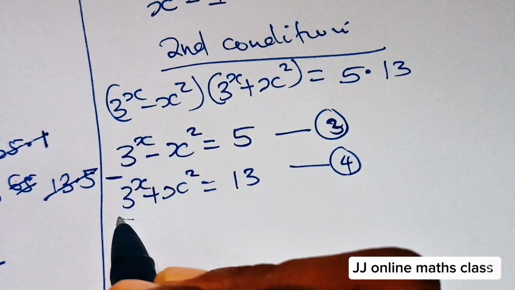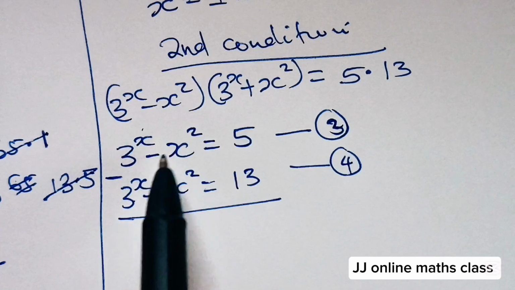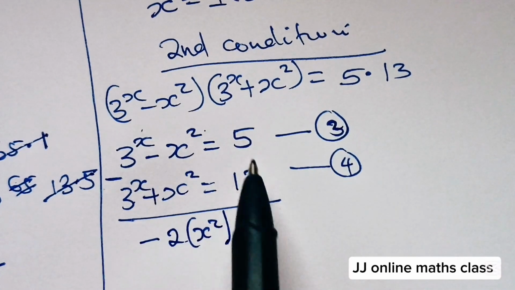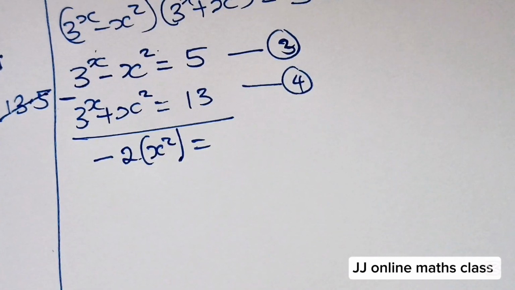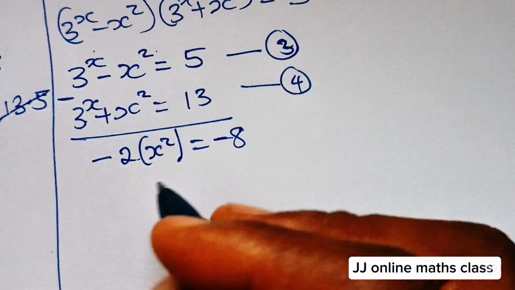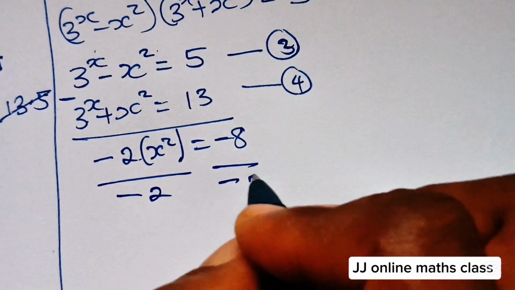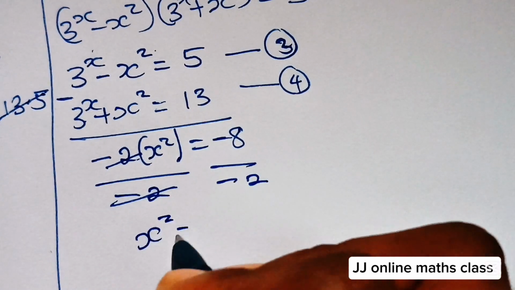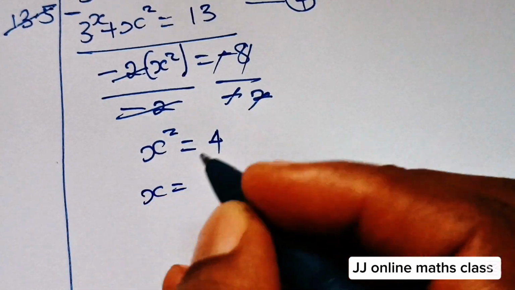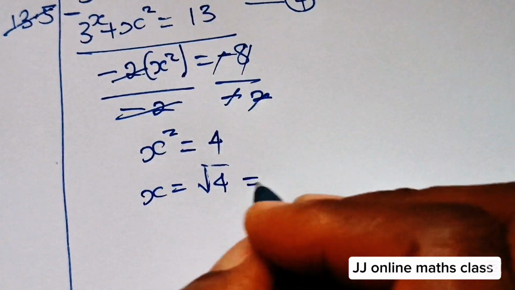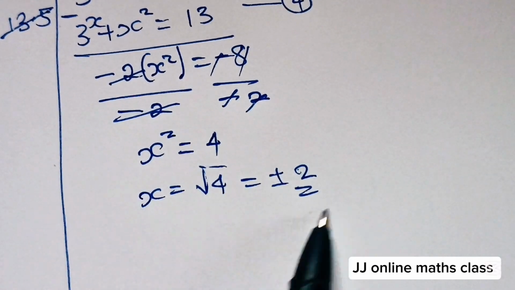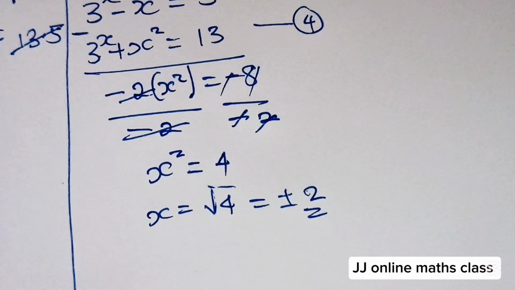Now if we subtract again, 3 to the power of x minus 3 to the power of x is 0, and minus x squared minus x squared is minus 2x squared, which is equal to 5 minus 13, that is minus 8. So we divide by minus 2 on both sides, and we have x squared equal to 4. Now you can see that x is equal to the square root of 4, which gives us plus or minus 2.